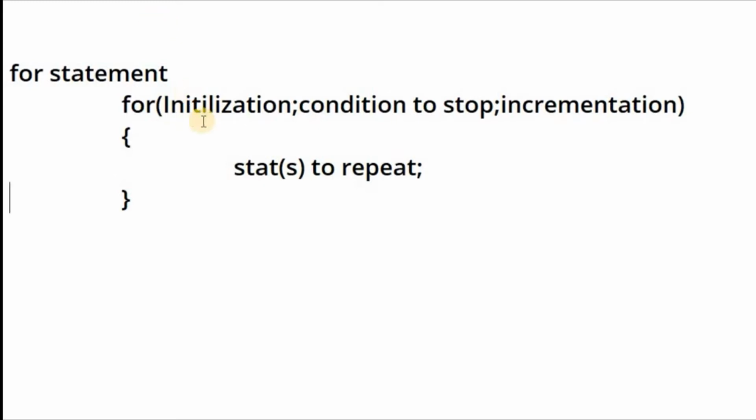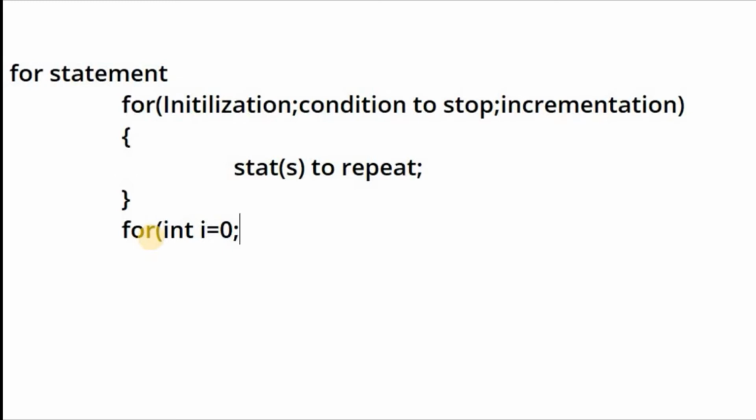In the beginning, when you take the for statement, the first time it takes the initialization process, then the second time it continues with the condition to stop and the incrementation. That means first time if you have taken for i equal to 0, we can even do the declaration in the for statement just by taking int i is equal to 0, and this type of declaration is called dynamic declaration of variables.